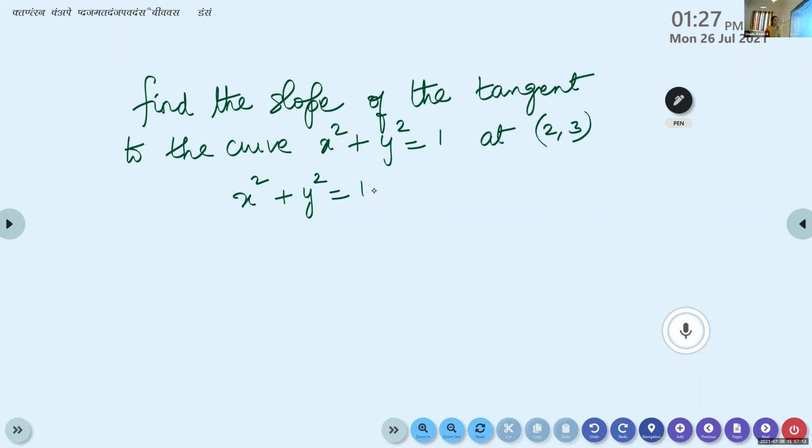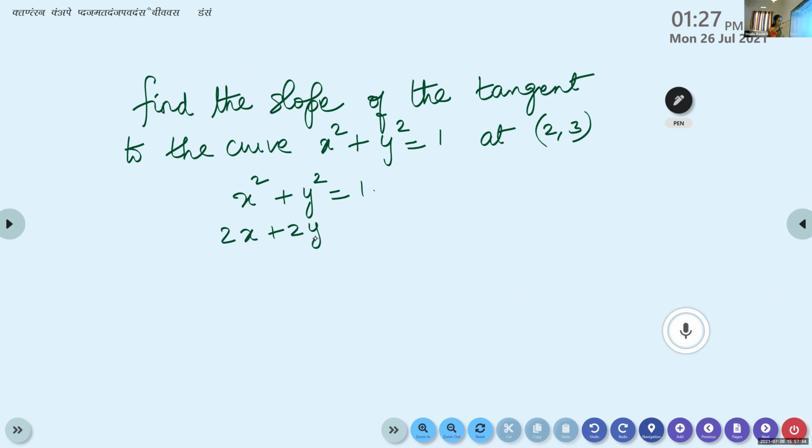When you differentiate this, what will you get, Ashwin? 2x plus 2y is equal to 0. Where is dy by dx?